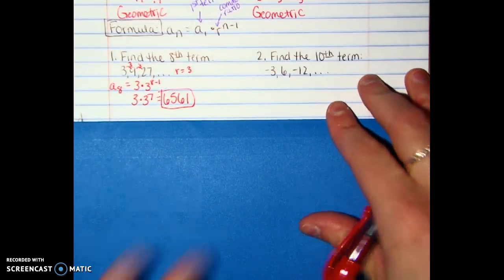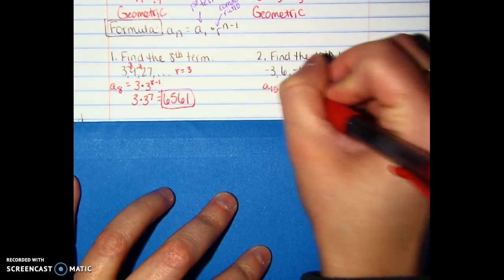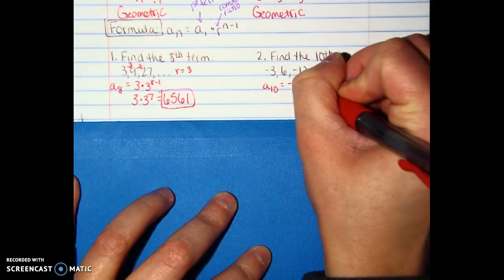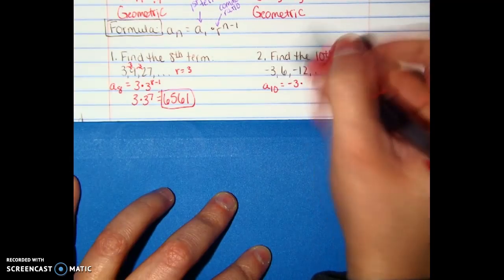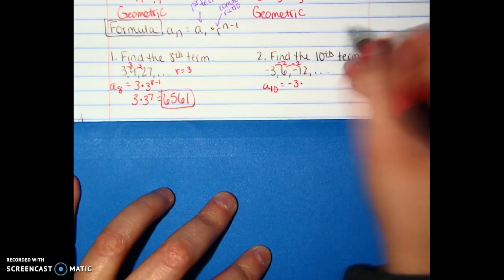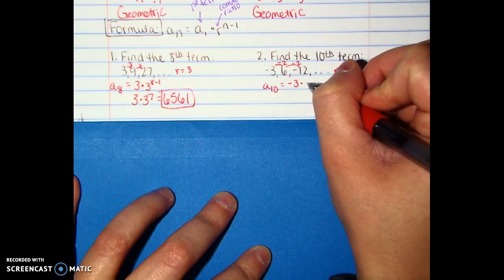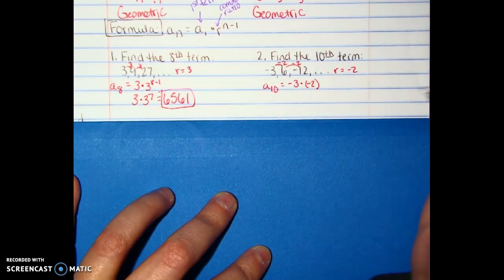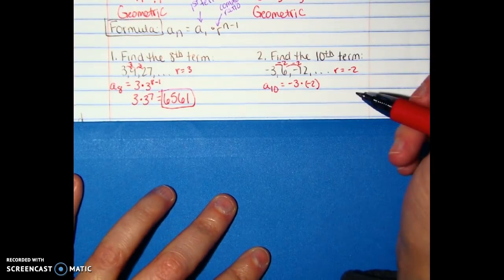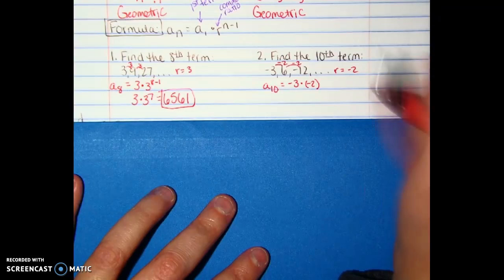Okay, let's look at number 2. I'm going for the 10th term, so a sub 10 equals negative 3 times, and 6 divided by negative 3 is negative 2, negative 12 divided by 6 is negative 2. So r is negative 2. Here, I'm going to put it inside parentheses because I'm raising it to a power. If it's a negative, it definitely needs to be inside parentheses if you're squaring it or raising it to any sort of power.